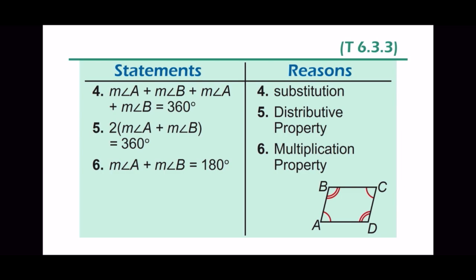The fifth statement is basically a combining of the like terms with the 2 factored out, and it's the distributive property that allows you to factor out that 2. We then divide both sides of number 5 to get statement number 6, which is that the measures of angles A and B add up to 180 degrees. And as you know, the multiplication property of equality applies to dividing as well.